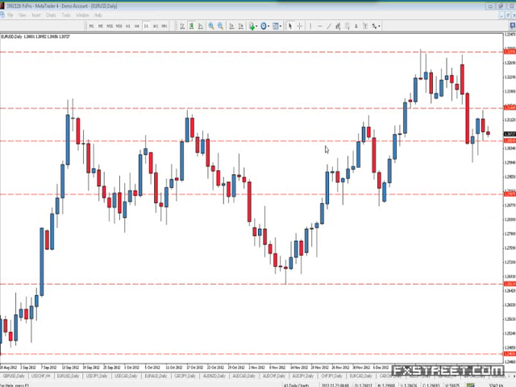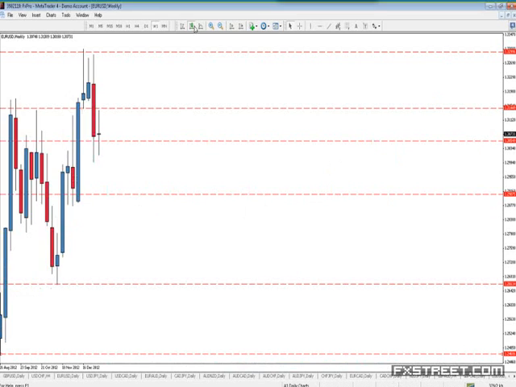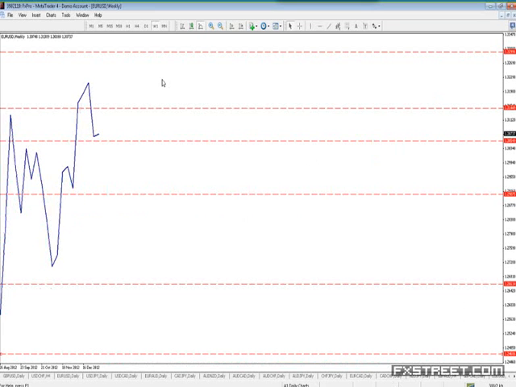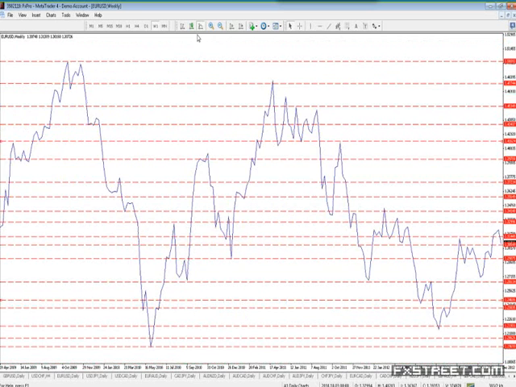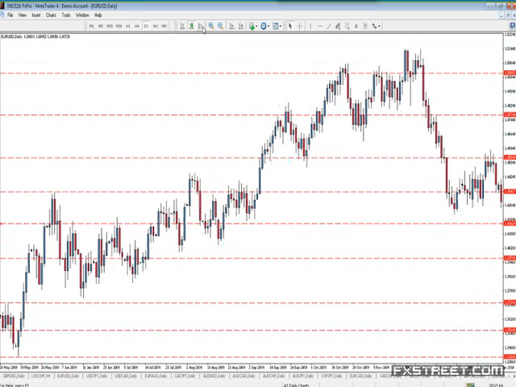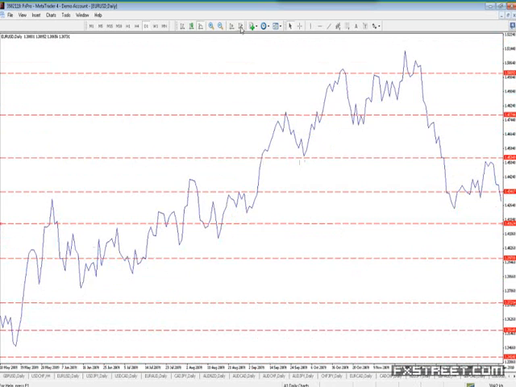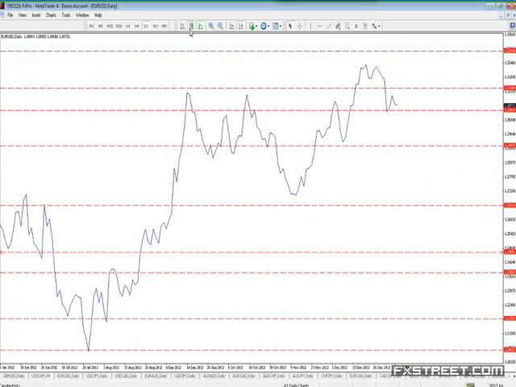Okay, so now you've seen how I draw. Are there any questions about how I draw my support and resistance zones on the chart? Start with the higher time frame. Use the line chart on the higher time frame to find all these levels. And then once I've got all these levels on the line chart, I'll go down to the chart that I'm trading and make sure that I didn't miss any, basically.